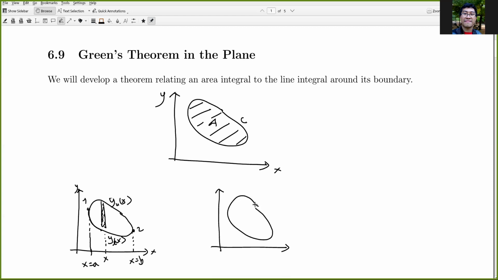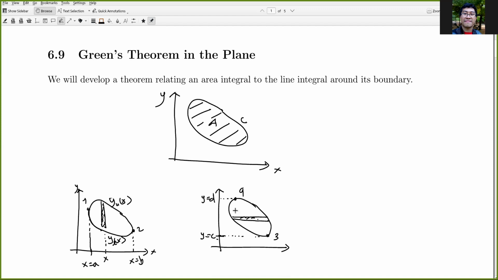Okay. Also, we can solve the integral by instead of using a vertical strip, we can use a horizontal strip. And then we integrate from the lowest point here, let's call that y equals c, to the highest point y equals d. And we can call this point 3 and point 4.